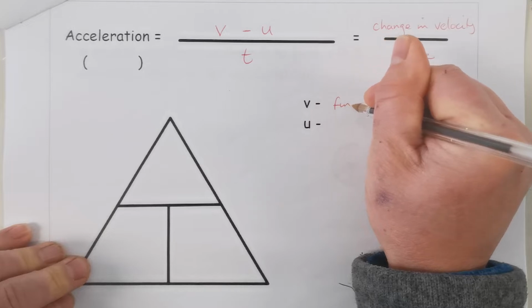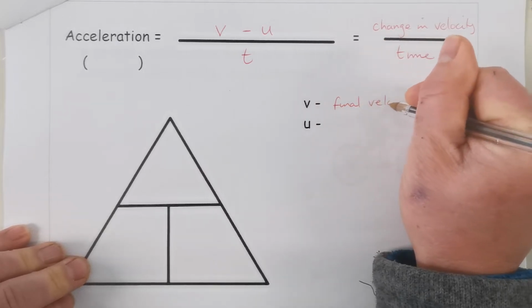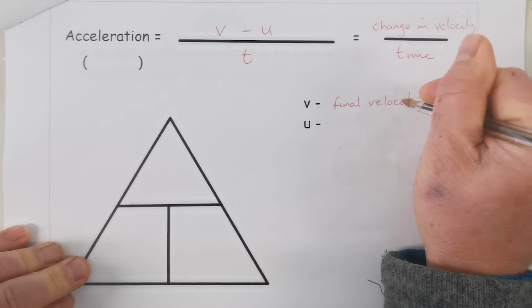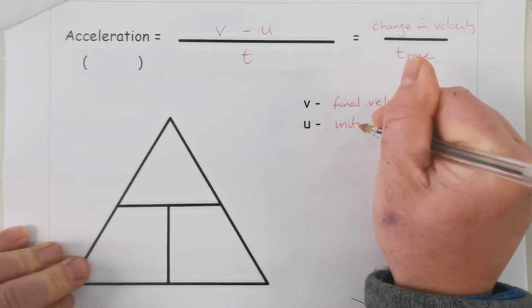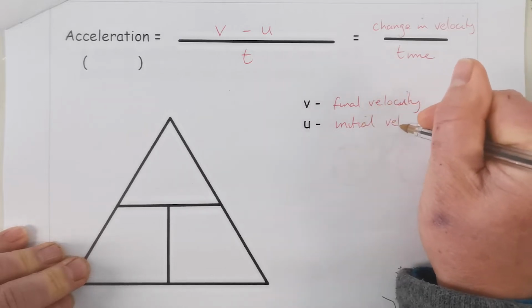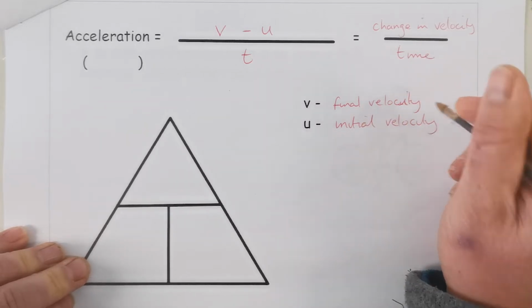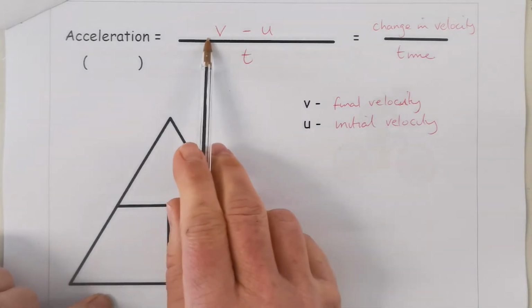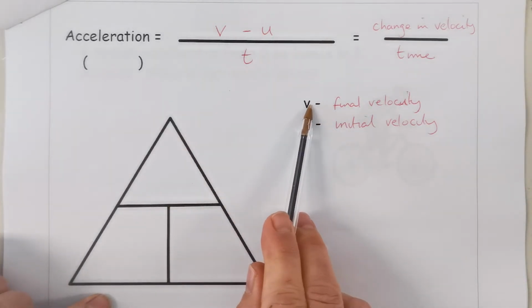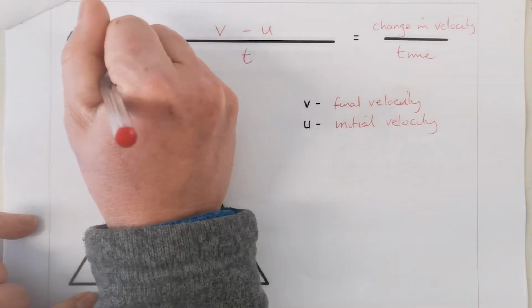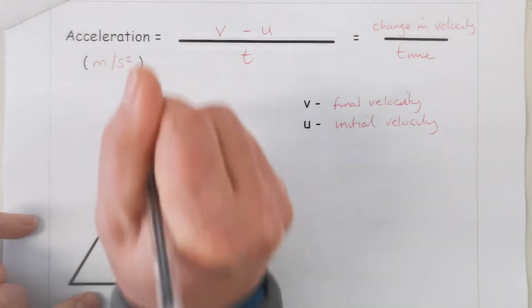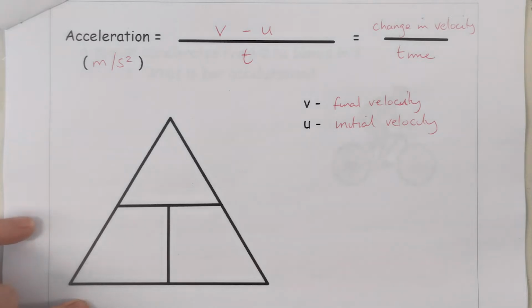Well, it's actually your final velocity minus your initial velocity. So we use U and V here because we have two velocities. When you see V minus U, your V means your final velocity and U means your initial velocity. Units of acceleration is meters per second squared, because it's how fast you're changing your speed, which is meters per second.